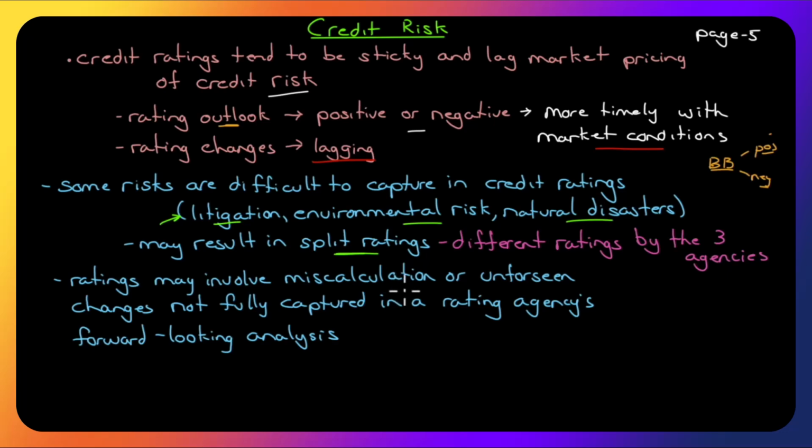Ratings may involve miscalculation or unforeseen changes not fully captured in a rating agency's forward-looking analysis. In other words, these are done by humans, and humans are prone to error, which means that you really shouldn't just rely on credit ratings, but you should conduct your own credit analysis.